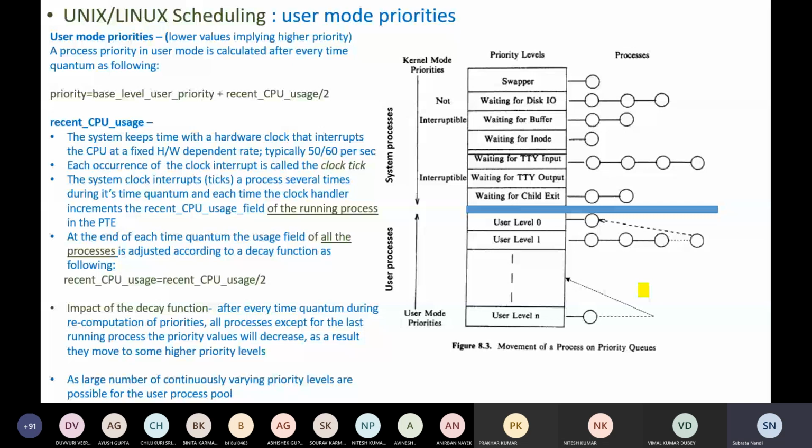So if we look into the user mode priority calculation, we find that again the same rule holds: the lower the value, the higher the priority. The process priority in the user mode is calculated after every time quantum.